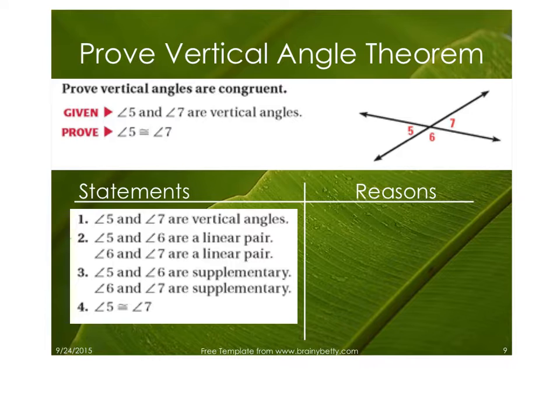So step number 1, what is it? Given. Step number 2. Yes. Definition of a linear pair. Good. Definition of a linear pair. Good.